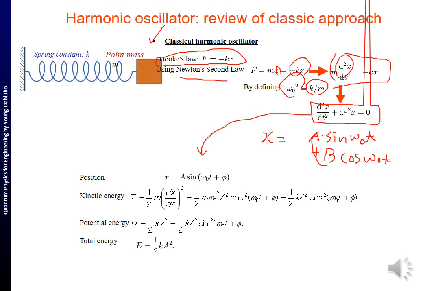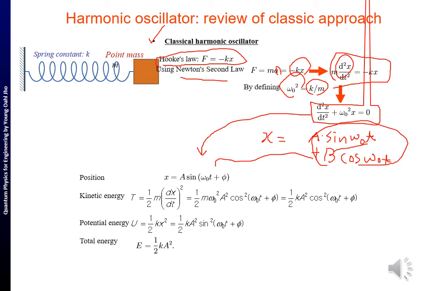And then if we add them up, sine and cosine functions, then we can further simplify, like a sine of omega 0 t plus phi. So there comes phase information here. This phase is actually determined by the initial condition.